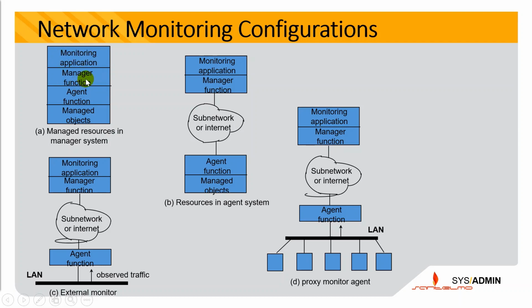For example, you want to monitor the performance of your server. As systems administrator, you are seated in front of the server and you are using a monitoring application. This monitoring application performs a manager function, which is to receive information from the agent. The agent is on the managed object.